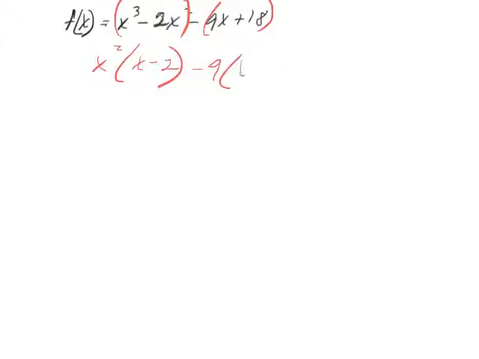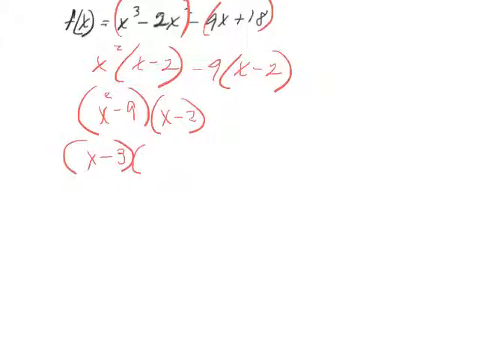And we're left with x minus 2. And then that leaves us with x squared minus 9 times x minus 2. And difference of two squares: x minus 3, x plus 3, x minus 2.